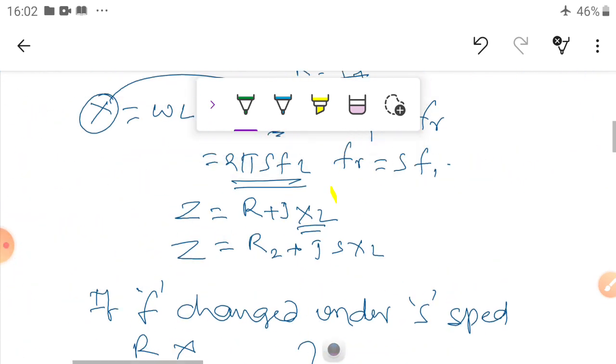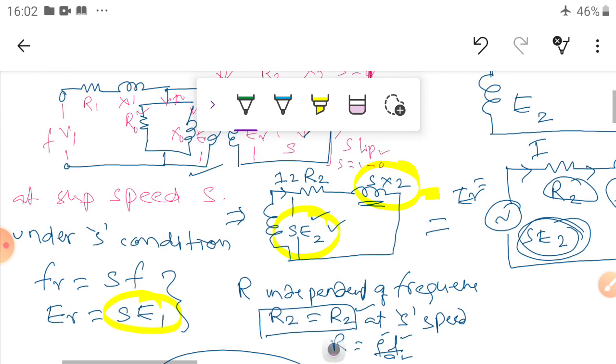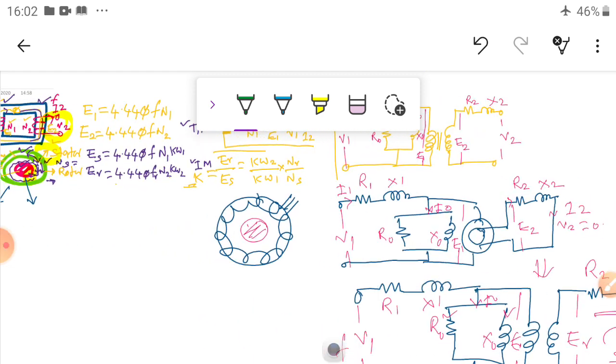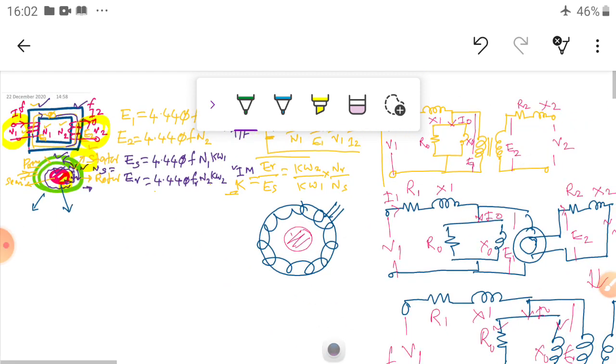So here we have already seen what we compared with the transformer. Okay, so here the transformer is given. First we have seen the transformer equivalent values and compared induction motor values. So we assumed the induction motor is similar to the transformer, but it has concentrated winding in the transformer and distributed winding in the induction motor.